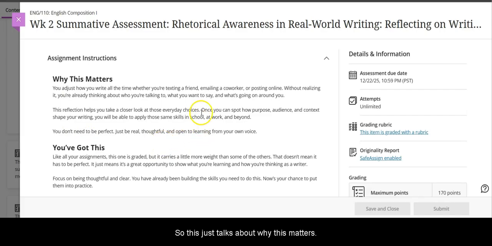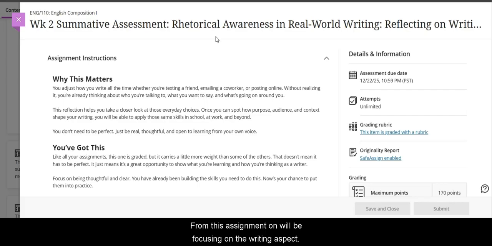So this just talks about why this matters, this idea of the rhetorical situation, or being aware of this rhetorical situation in the way you communicate in work or school or at home in your personal life, but also in your writing. And from this assignment on, we'll be focusing on the writing aspect.